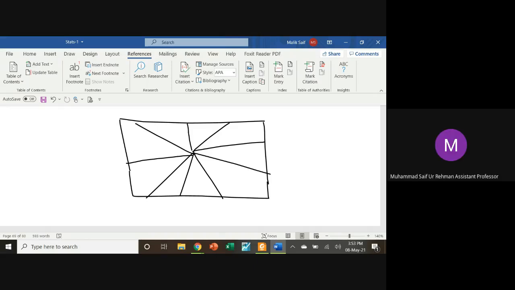Let's say this is the sample space S, and AI means A1, A2, A3, and so on up to AK. These are the events that are partitioning, or dividing, the sample space.